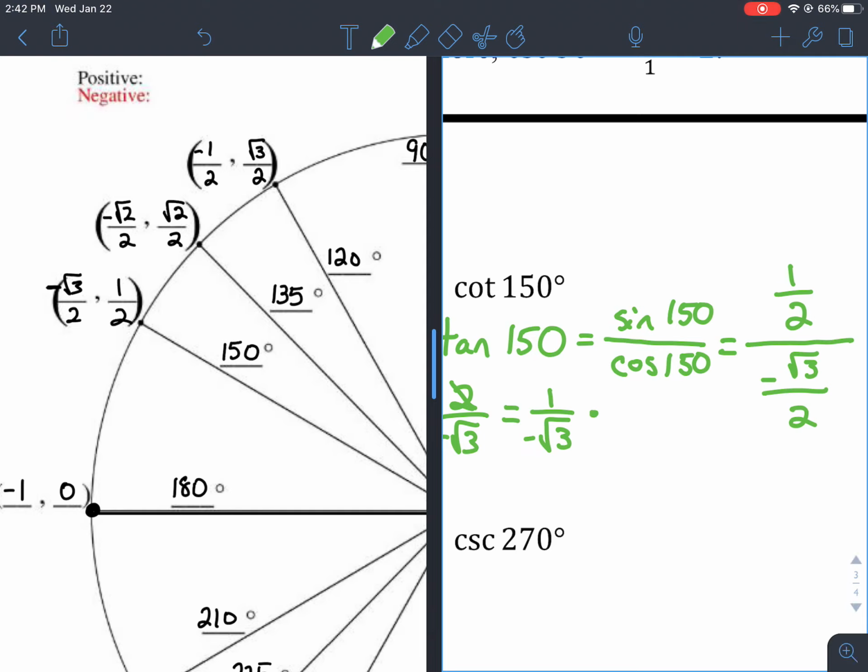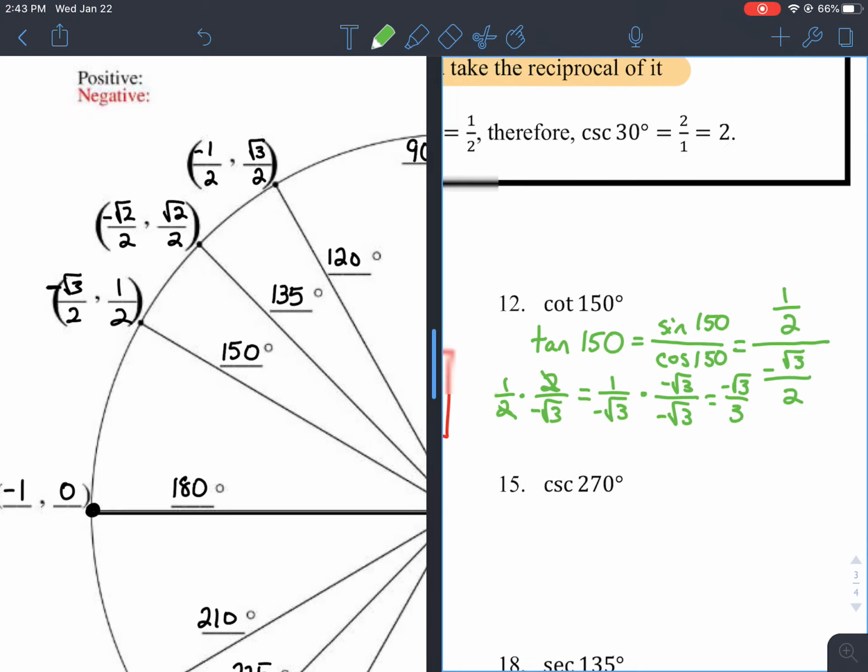So I multiply the top and bottom by that bottom value, negative root 3, negative root 3. And in the end, this comes out to be negative root 3 over 3. Now, that again is the tangent value.